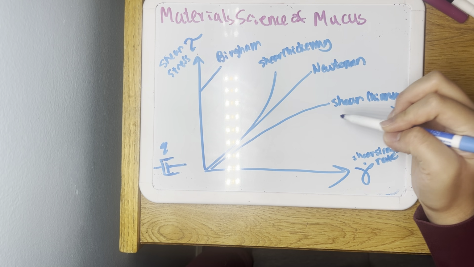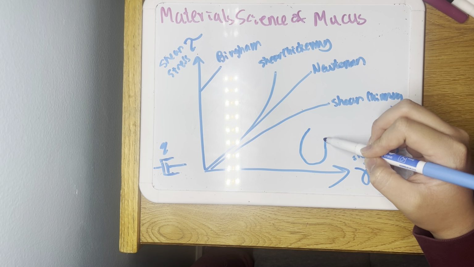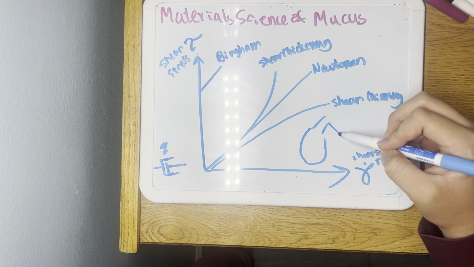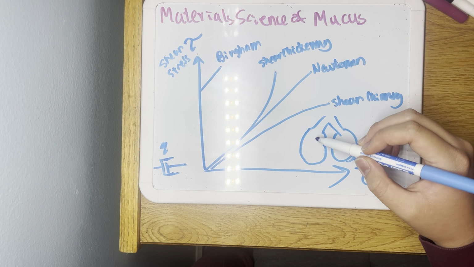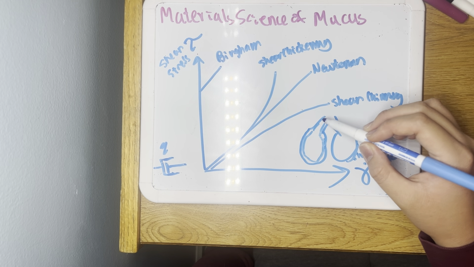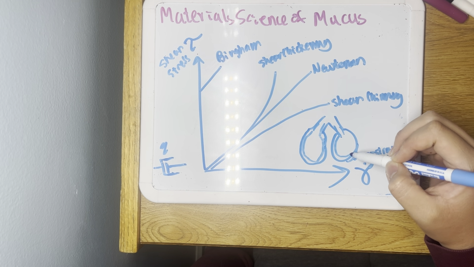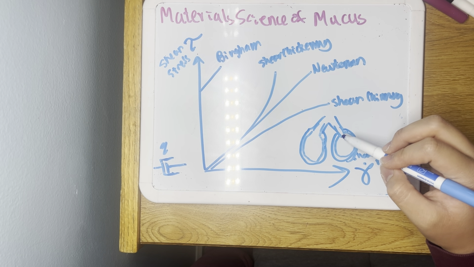Okay, so the reason this is useful: let's say you have your lungs here, and you have mucus in them. You always have mucus in them. That's just how it works. These are obviously not how lungs actually look, but this is a schematic diagram.